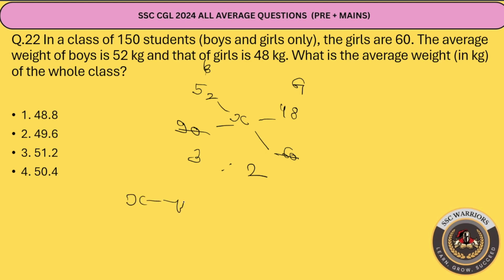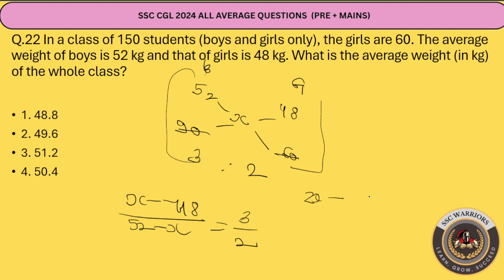Now (x minus 48) upon (52 minus x) is equal to 3/2. This is the boys' side, this is the girls' side. 2x minus 96 is equal to minus 3x plus 156.